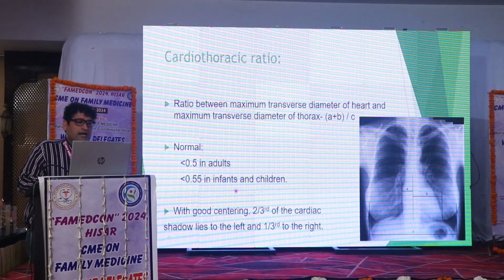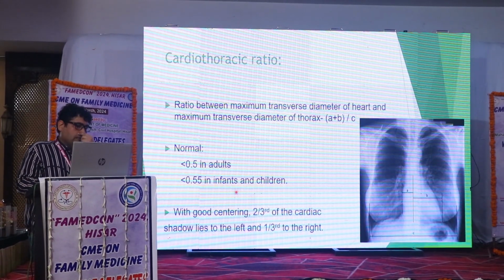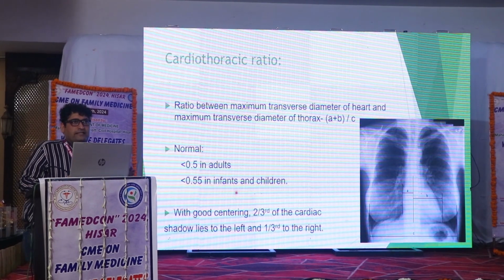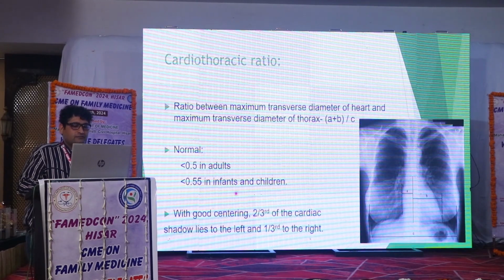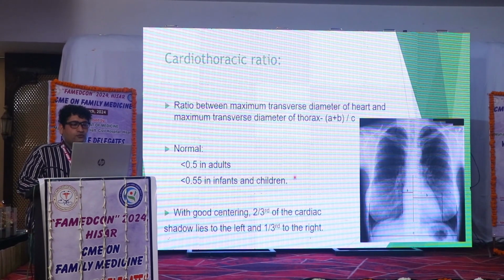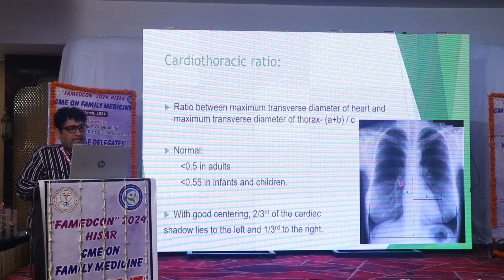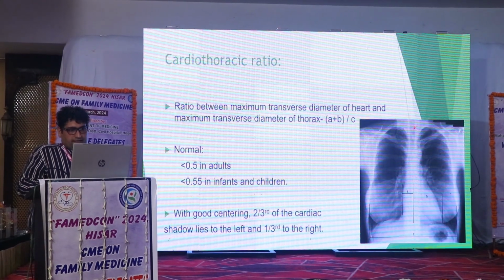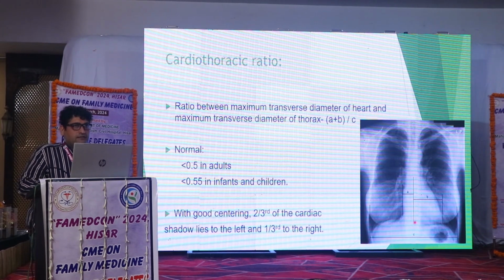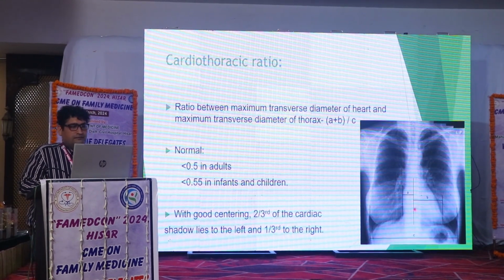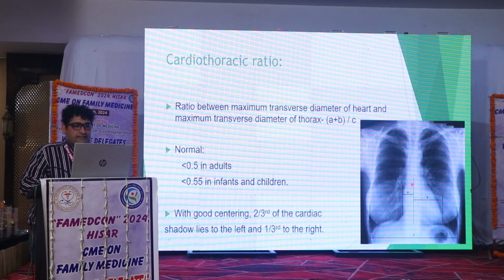So now coming to the cardiothoracic ratio. It is very common to say it is cardiomegaly or it is not cardiomegaly. So for cardiomegaly, there is one basic thing: how will you calculate whether the patient is having cardiomegaly or not. See, this is the center of the spine. So we draw a line, you can draw with a pencil or whatever resources you have, on a chest X-ray.